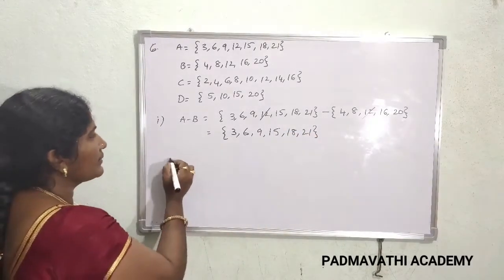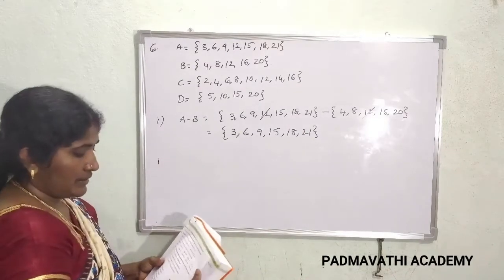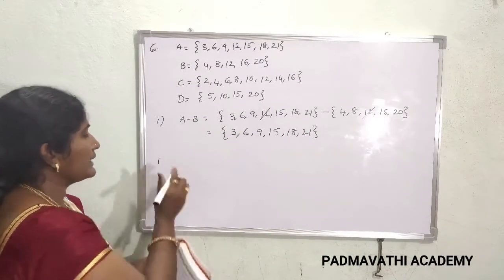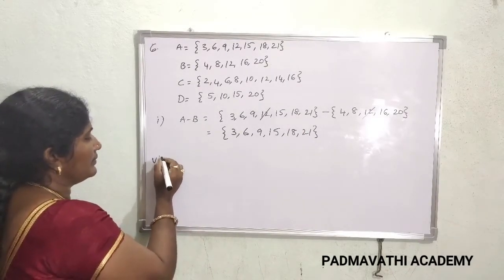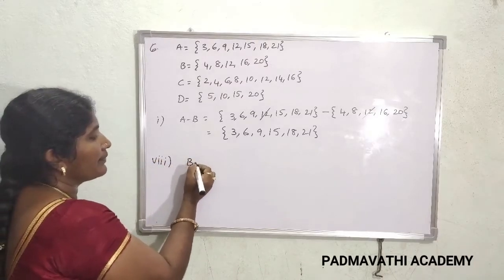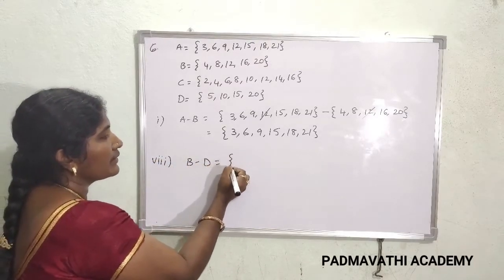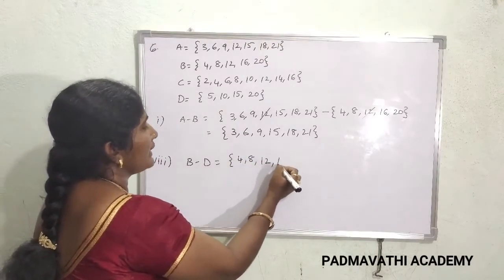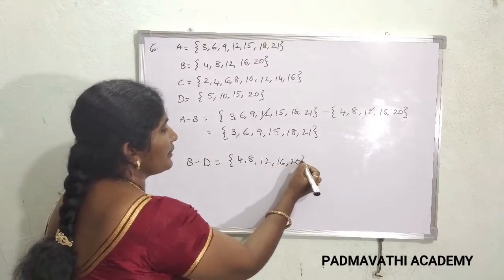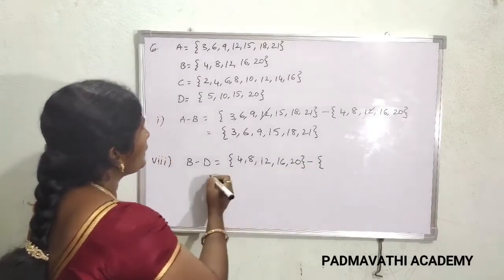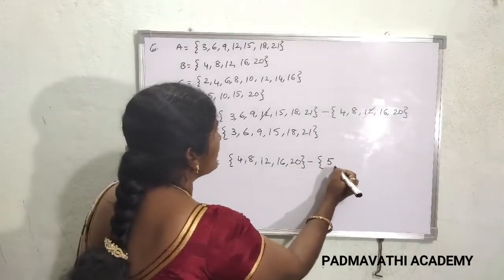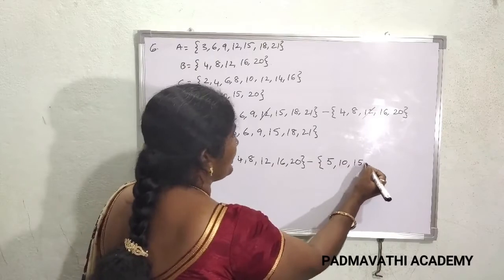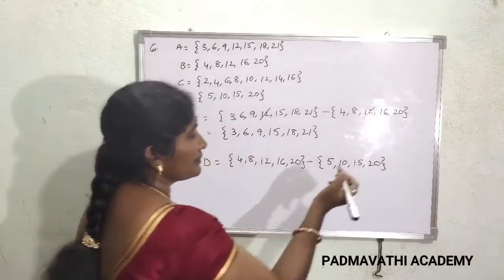One more question. B minus D. What is B? 4, 8, 12, 16, 20, minus D, which is 5, 10, 15, 20.